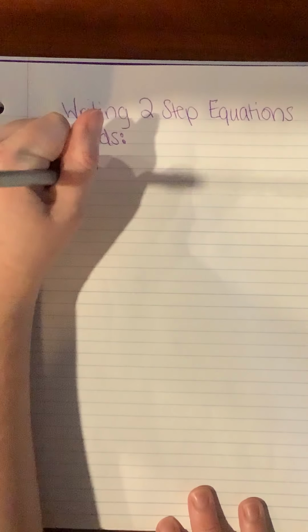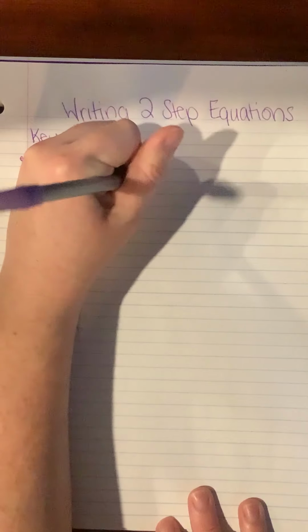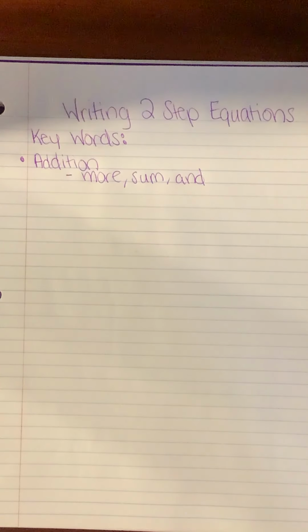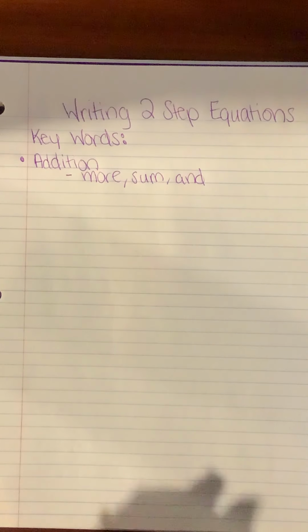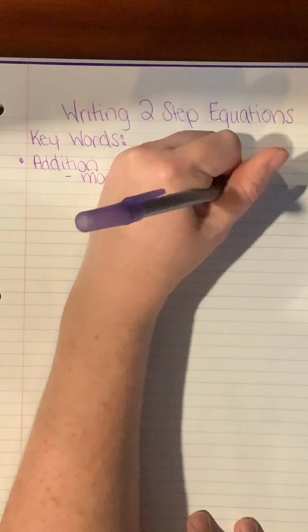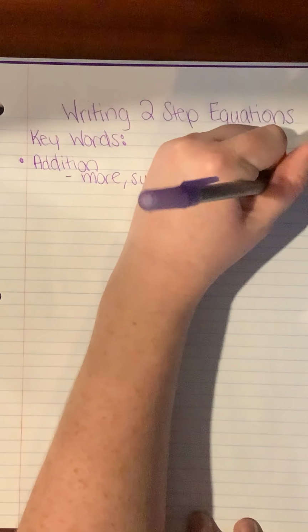Keywords you are going to see for addition are going to look like the words more, some, and. I'll move my hand so you guys can see that for a moment. And then you guys are going to see something that looks like a one-time cost.